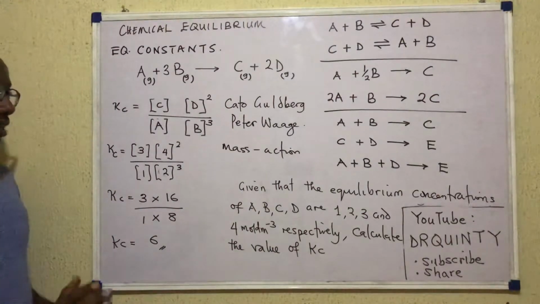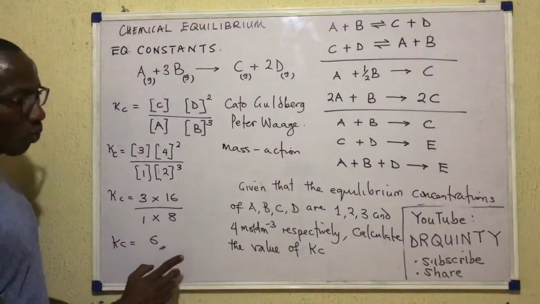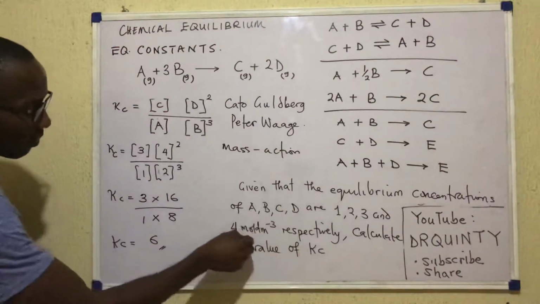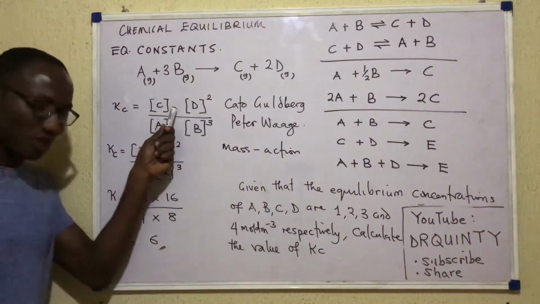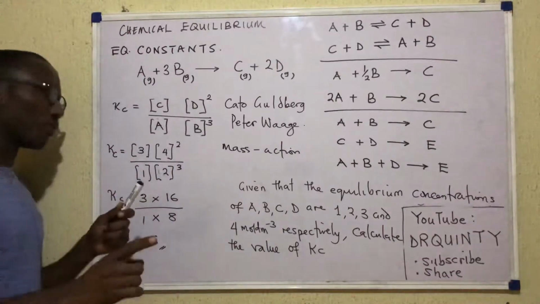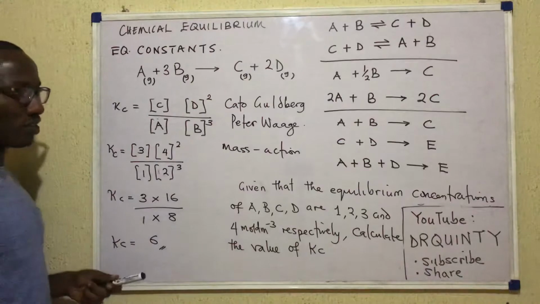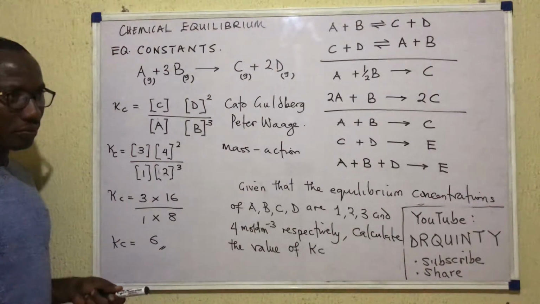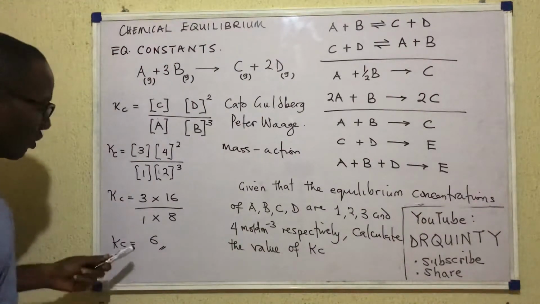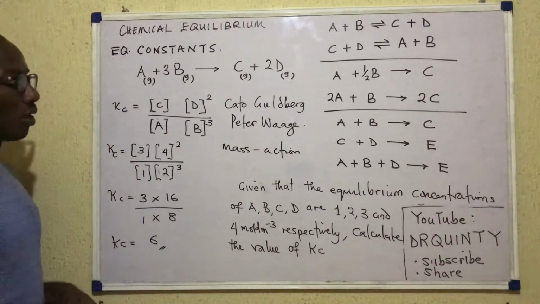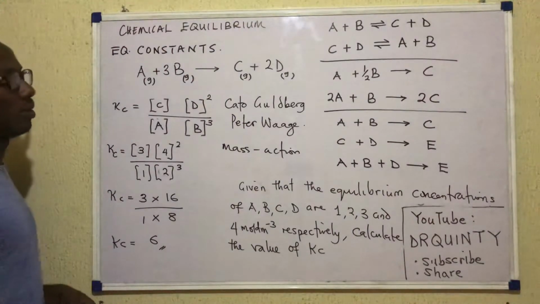But in any case, the most important thing is that you know how I am able to pick these values and put them into the expression. And then more importantly, that you know how I wrote this expression based on what we've said earlier in this video.